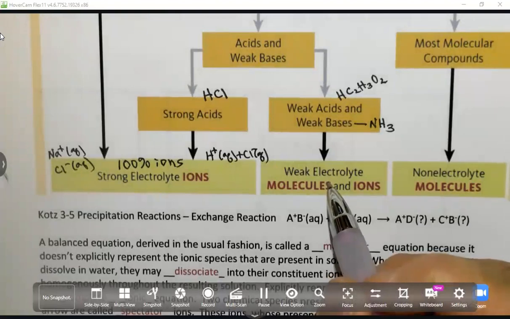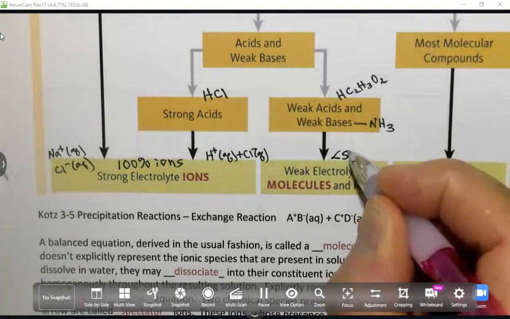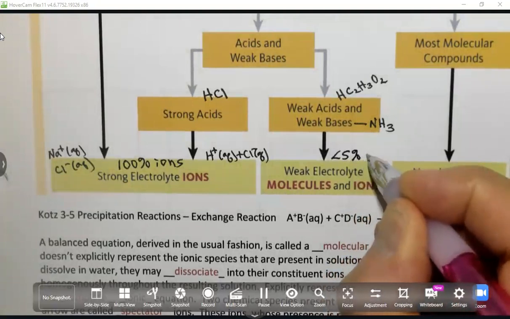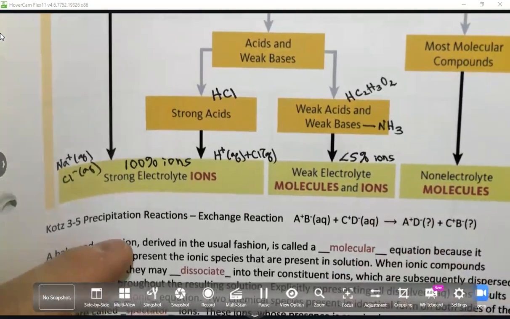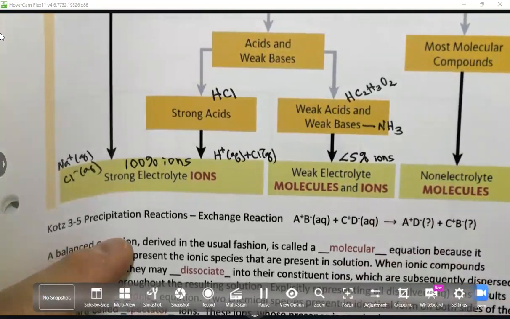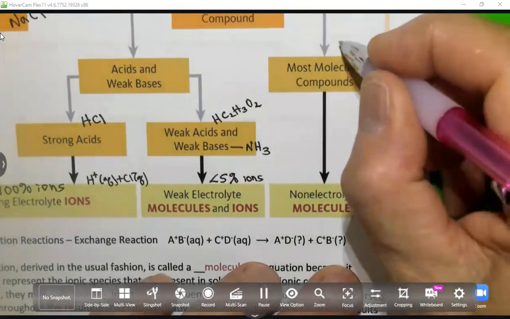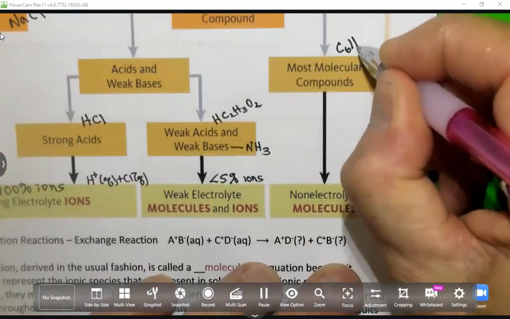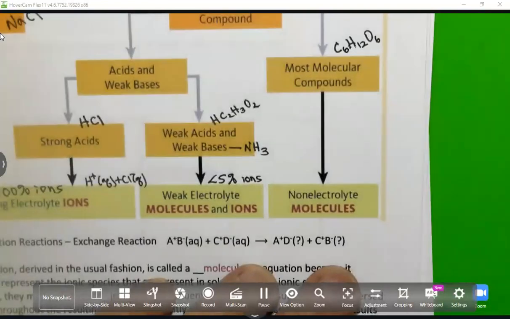Weak electrolyte, usually less than 5% produce ions. And then molecular compounds like glucose are non-electrolytes.